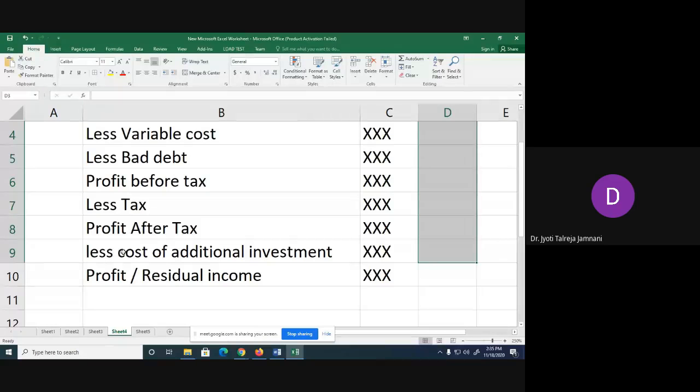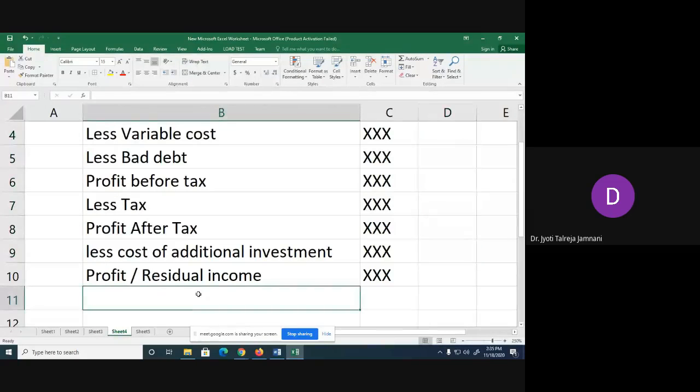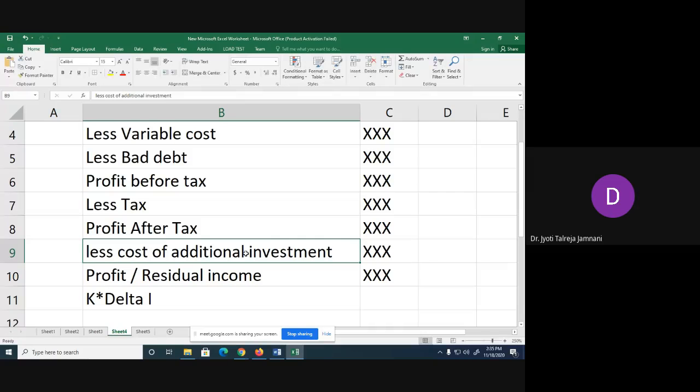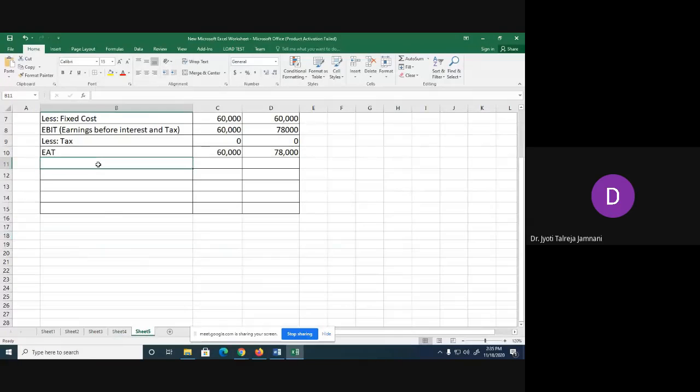And after that, we less cost of additional investment. This is nothing but delta K into delta I. Yes, ma'am, K into delta I. So that K into delta I is nothing but this cost of additional investment. So that we have to less here now.